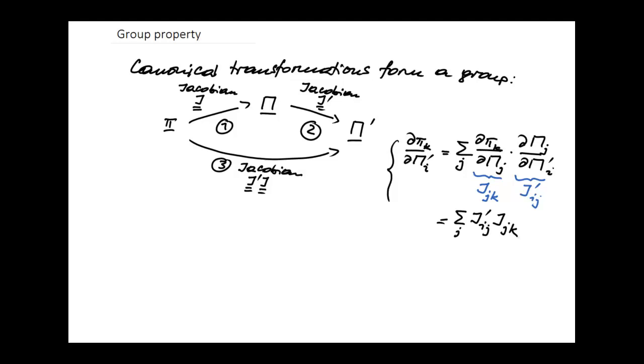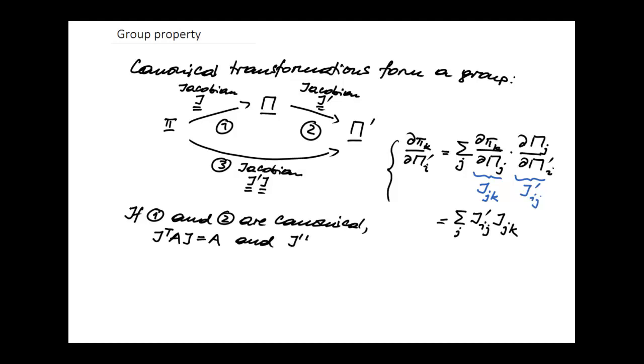Now let's assume that both coordinate transformation number 1 and coordinate transformation number 2 are canonical. So we suppose that 1 and 2 are canonical, meaning that the first Jacobian J satisfies the property that its transpose times this matrix A times J is equal to A, and also the second Jacobian, J prime, also satisfies this property.